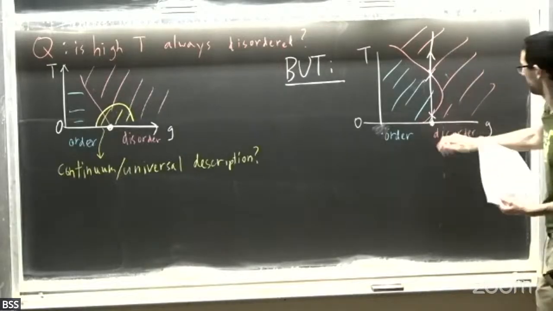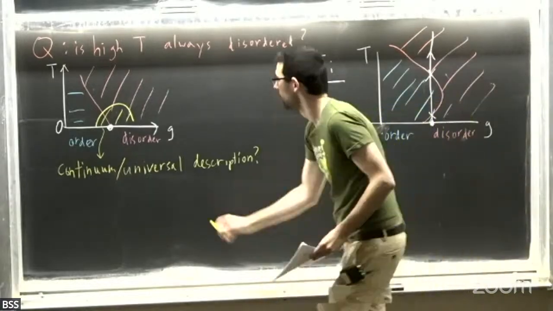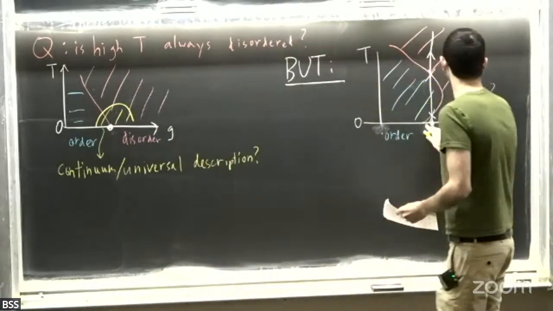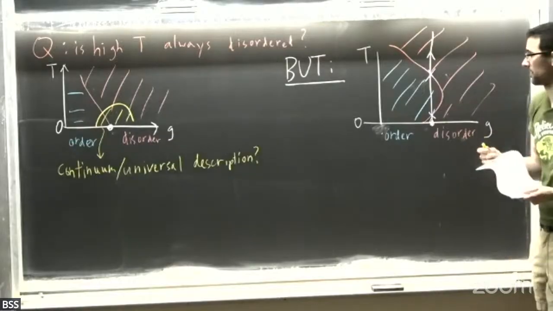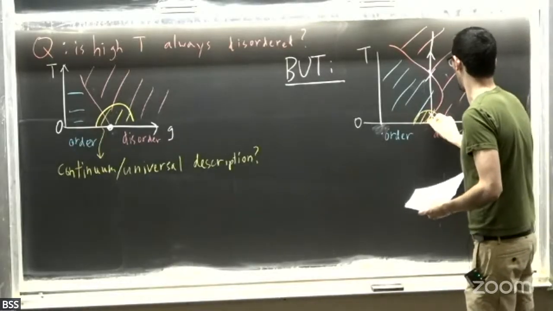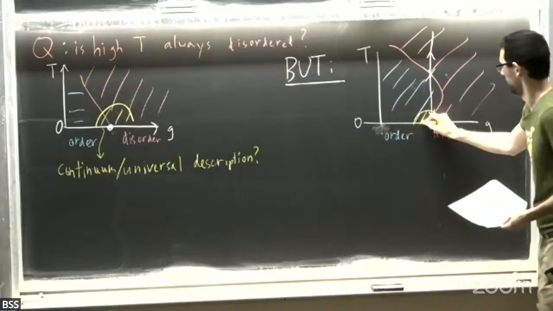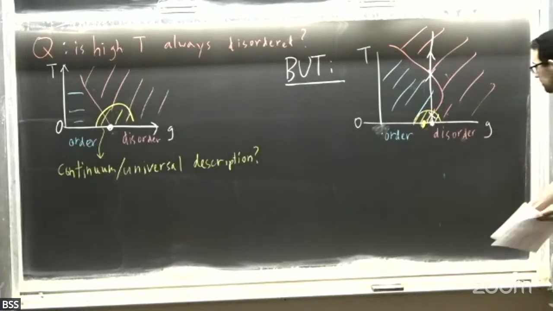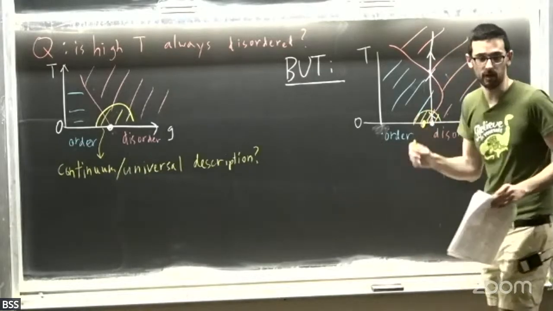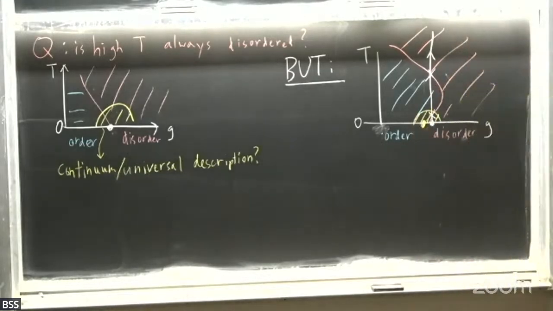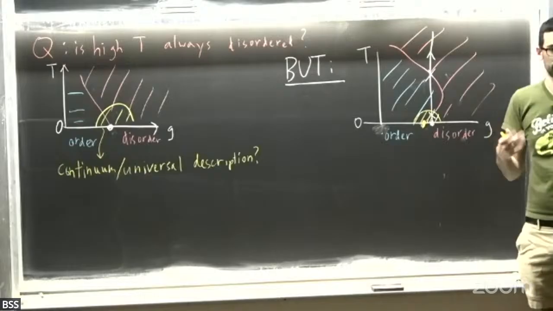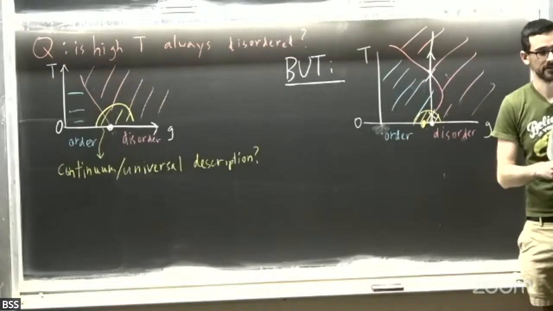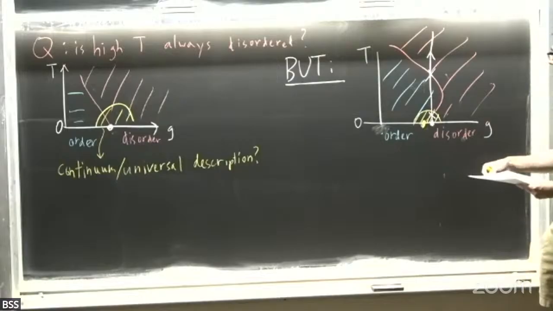But if I stare at this diagram, in the same spirit as before, if this is some kind of microscopic quantum theory, I might ask what's happening here. If I focus on this critical point at 0 temperature and I heat the system up, it seems like maybe there ought to be some kind of continuous description that actually orders at finite temperature rather than 0 temperature.